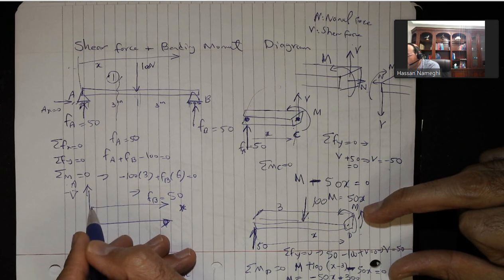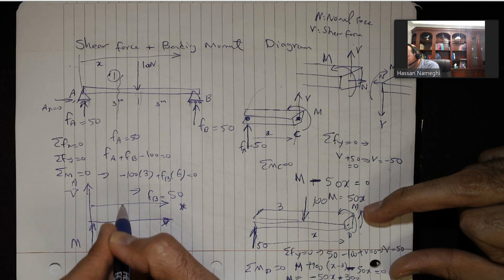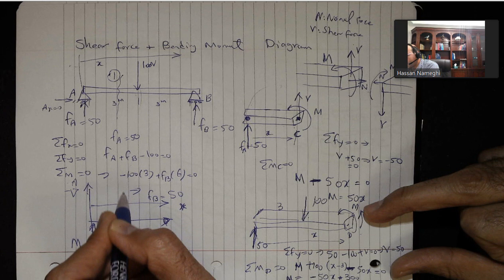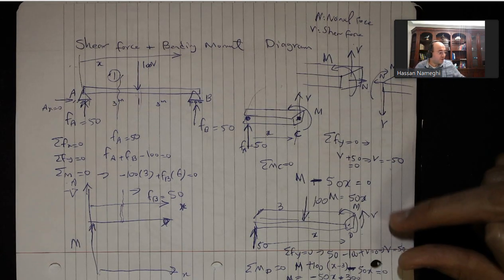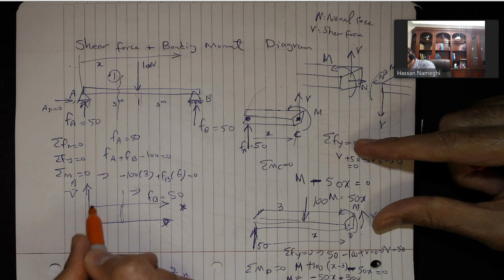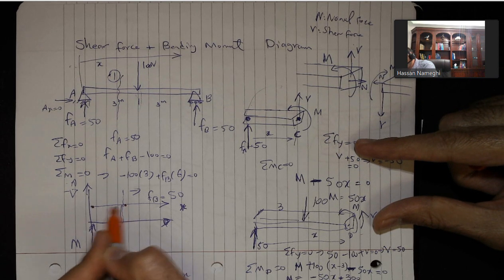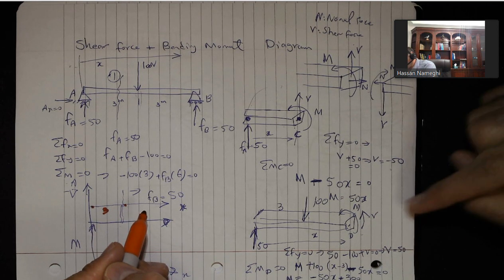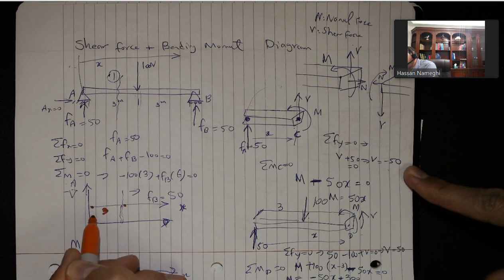So 50 from 0 to 3. So V from 0 to 3 was 50. So let me use a different color so you can see it. From 0 to the 0.3 meter, the amount of V was simply 50. That's here. Sorry, minus 50.